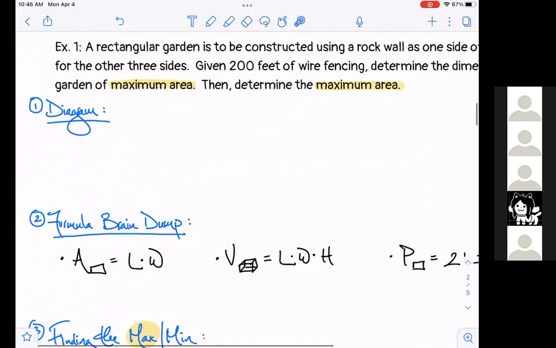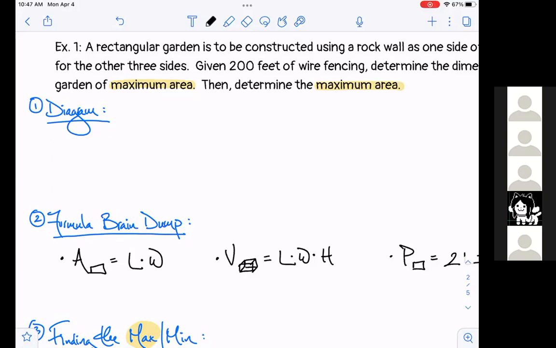So diagram. We need to draw a rectangular garden, all right? And what is so special about this garden though, other than it's a rectangle? As we're designing the boundaries for this rectangle, what's important? All right, so Raylene says we don't need fencing on one of the sides.